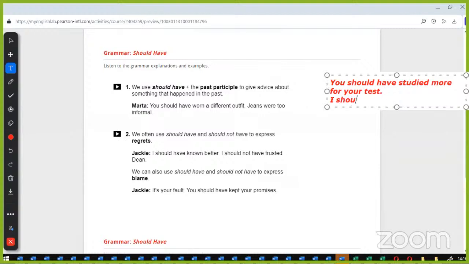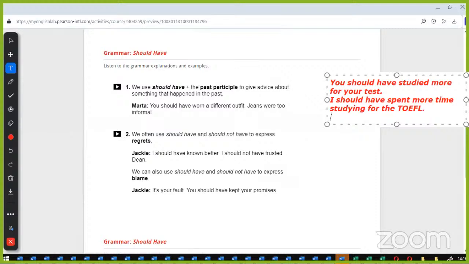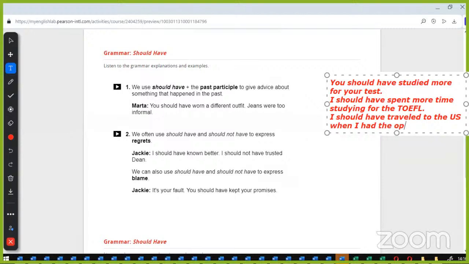Or I should have spent more time studying for the TOEFL. Or I should have traveled to, let's say, the US when I had the opportunity.